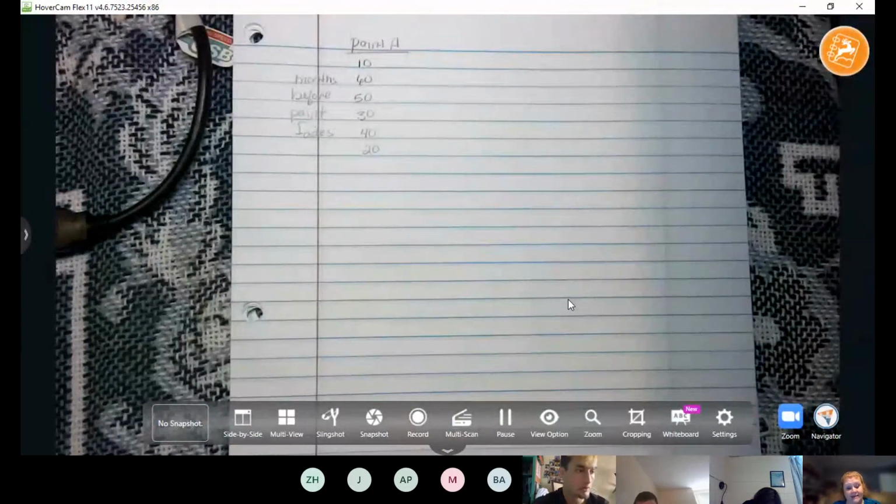So our data is months before the paint fades on the exterior of the house.